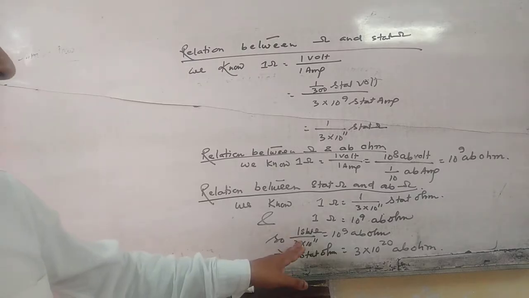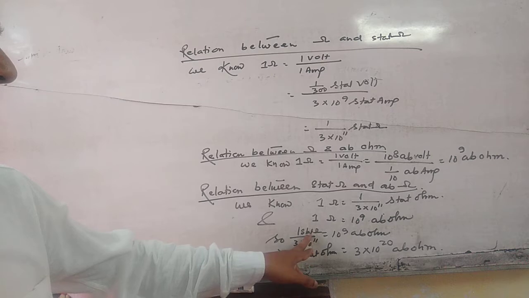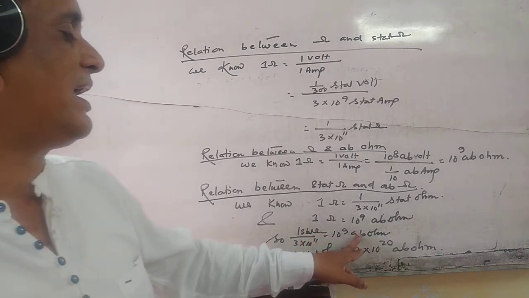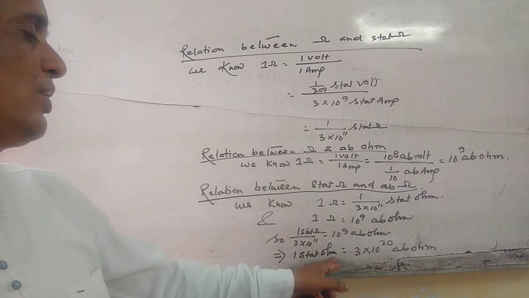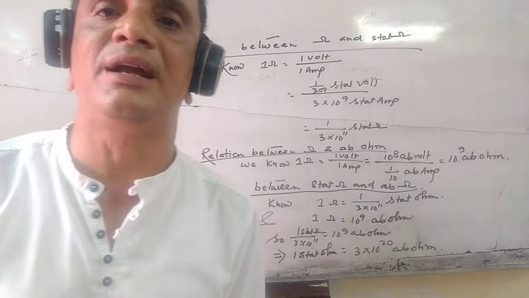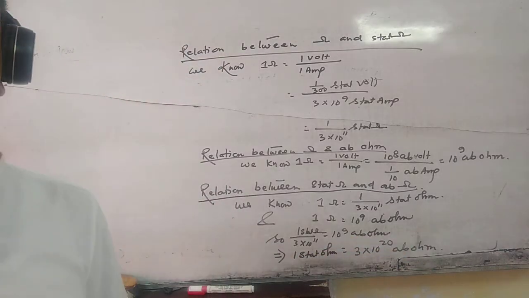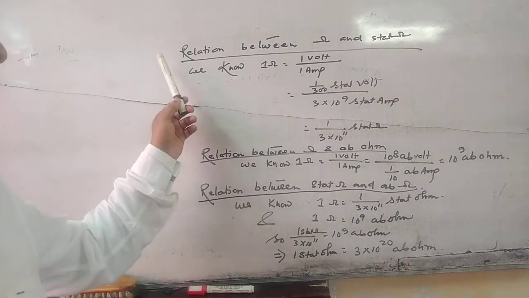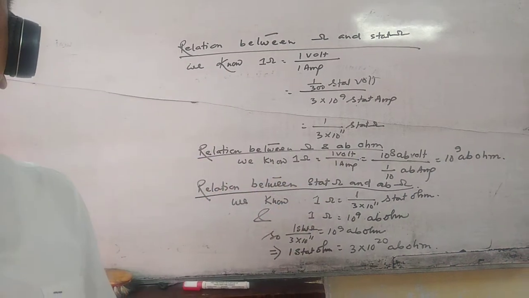Equating these two, we get 1 by 3 into 10 to the power 11 stat ohm equal to 10 to the power 9 AB ohm. So the result will be 1 stat ohm equal to 3 into 10 to the power 20 AB ohm. Clear or not? 3 into 10 to the power 20 AB ohm. So this is the relation between ohm, stat ohm and AB ohm.